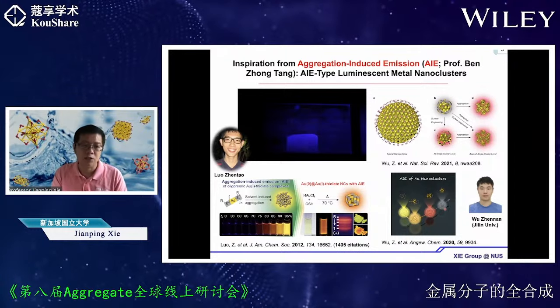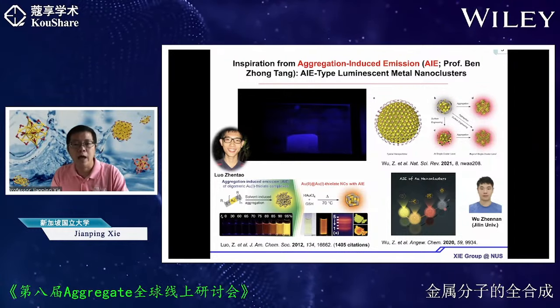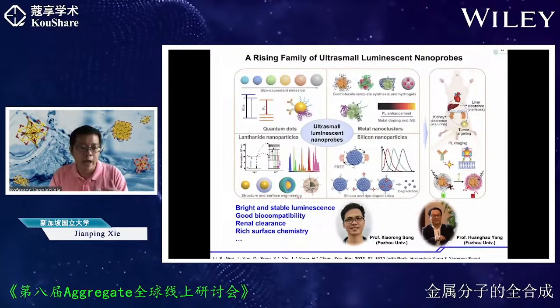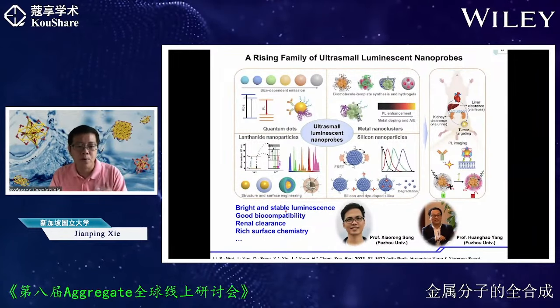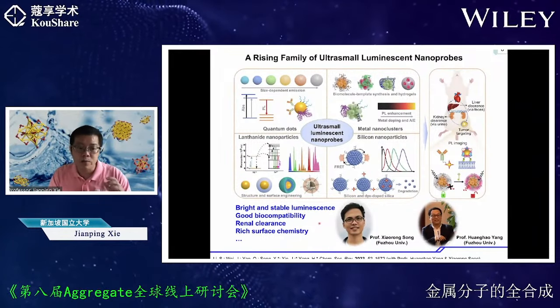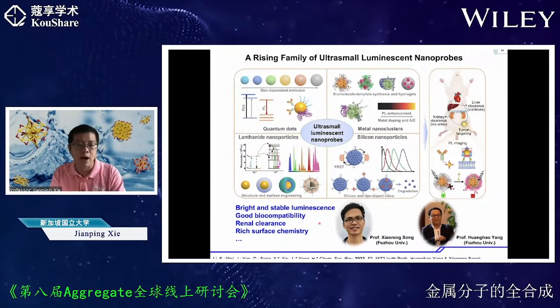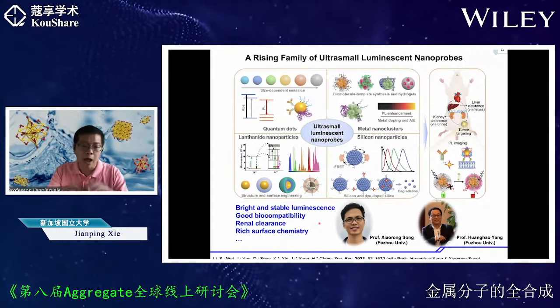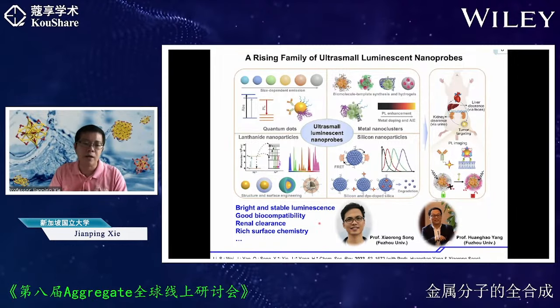So these molecules are very small and show very stable and bright luminescence. They have very good biocompatibility, like gold nanoclusters. They are very small, so after they serve their function, they can be cleared by our body. We call it renal clearance.